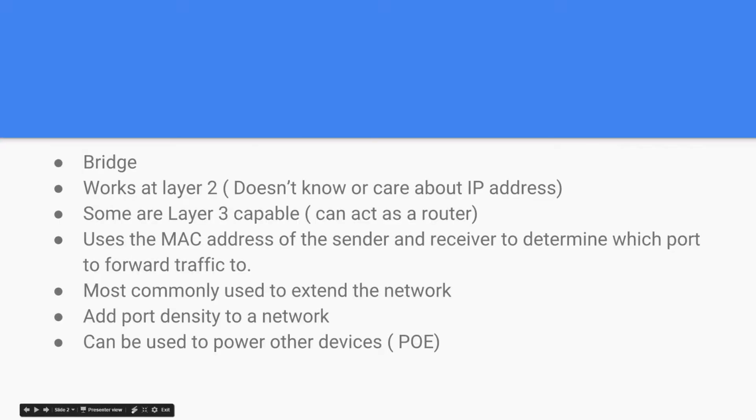So what's a switch? Essentially, a switch is a bridge. I believe the technical term for it would be a multi-port bridge. What sets a switch aside from a router or a firewall, the other things that we discussed, is that switches for the most part only operate on the layer 2 level, meaning that they don't know or care about an IP address. They simply look at the MAC addresses in the Ethernet frame, and then they decide how to work.